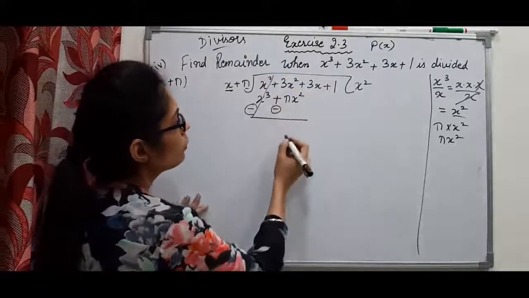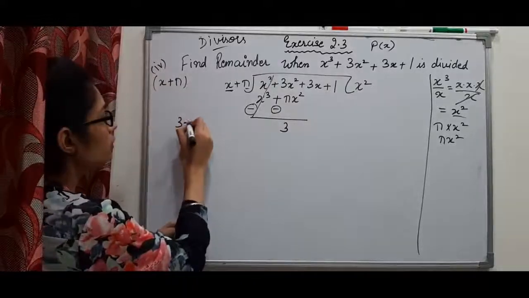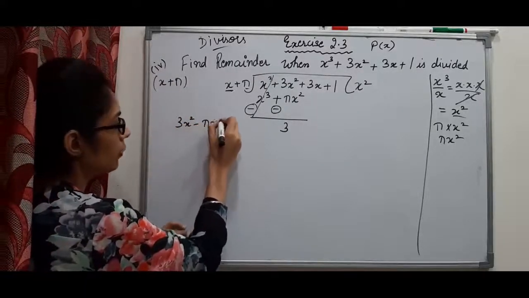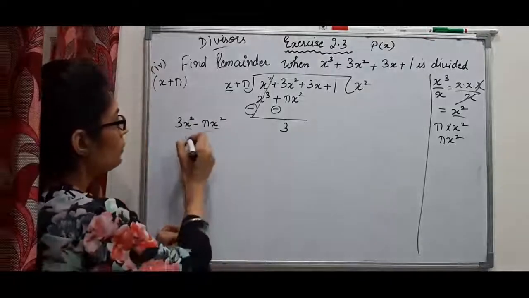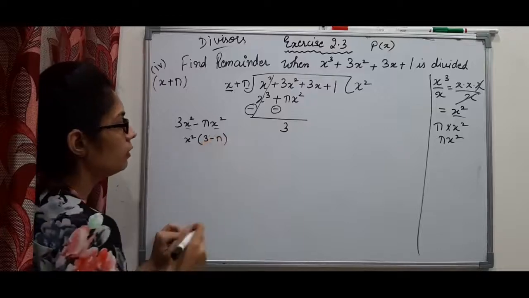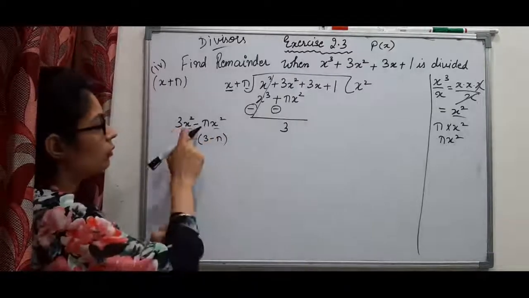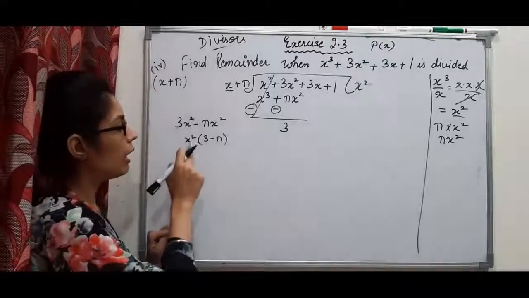Now 3 minus. So this we will write in this way. We know it is 3x square minus pi x square. So x square is common in both. So what we'll do, we'll write x square out and 3 minus pi inside. So we'll just write in this way. Instead of writing x square 2 times, I am just writing x square outside the bracket.